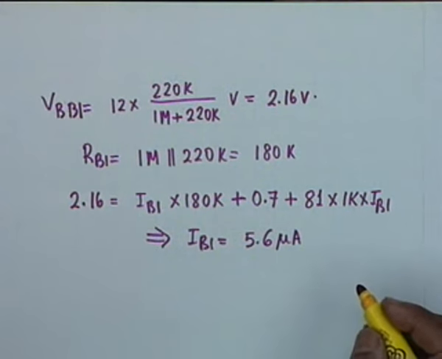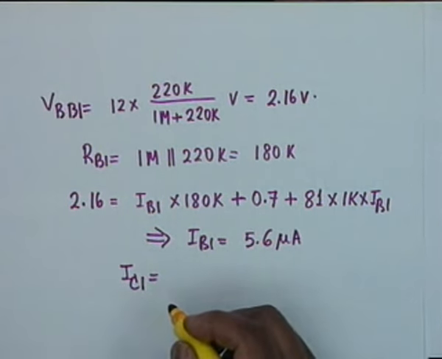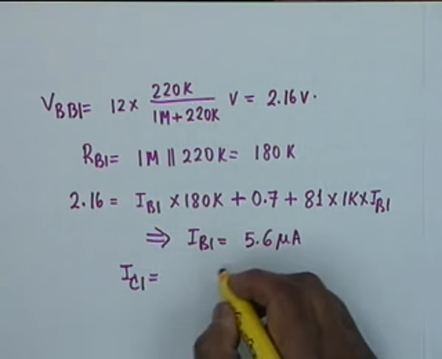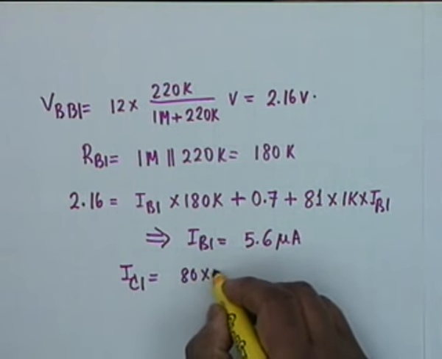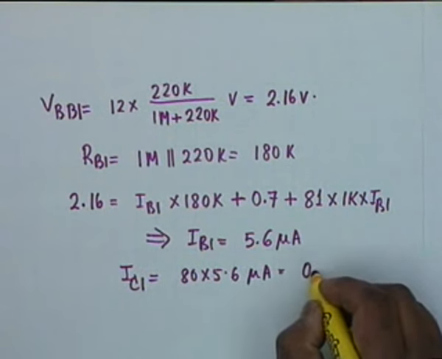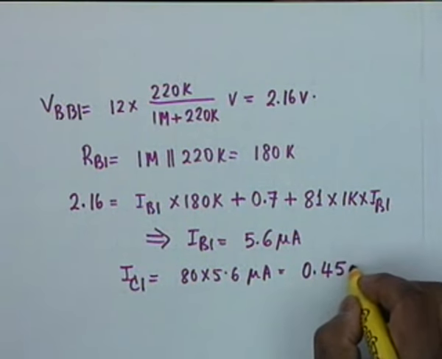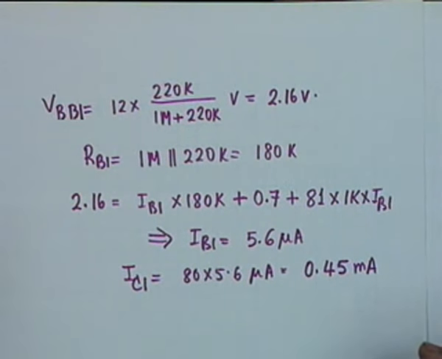microamps, and therefore IC1, since ICBO is not given, we neglect it. IC1 is beta times this, that is 80 times 5.6 microampere, which is equal to 0.45 milliamps. The current is small, but let's not be worried.